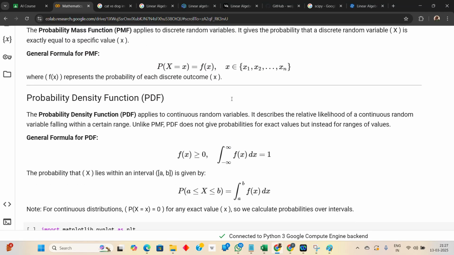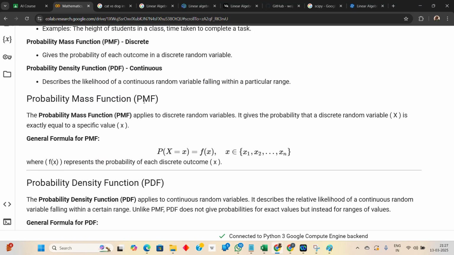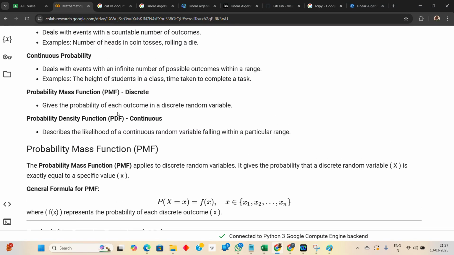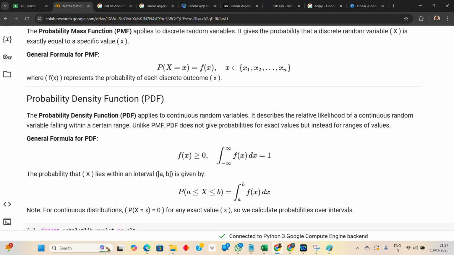So these two things you should remember: probability mass function, if you want to calculate probability on a discrete thing, and probability density function, if you want to do probability on continuous data.